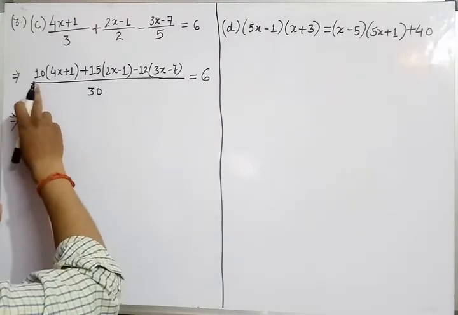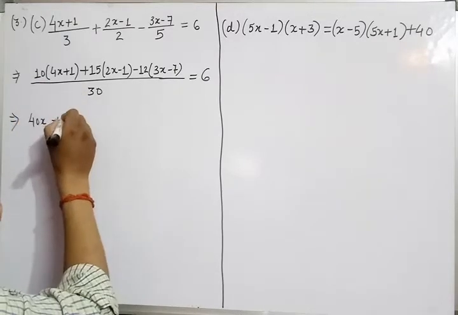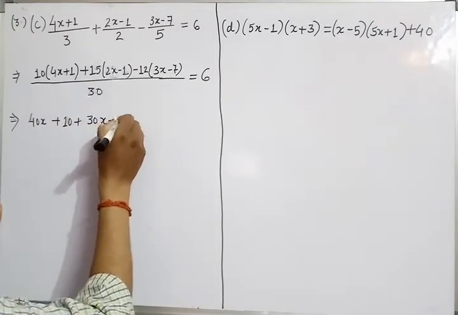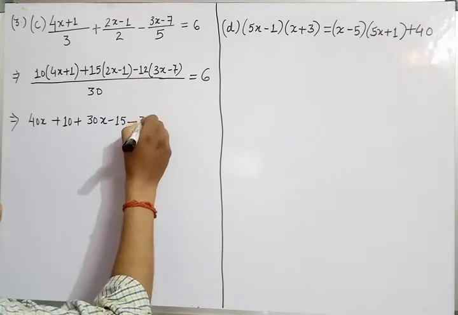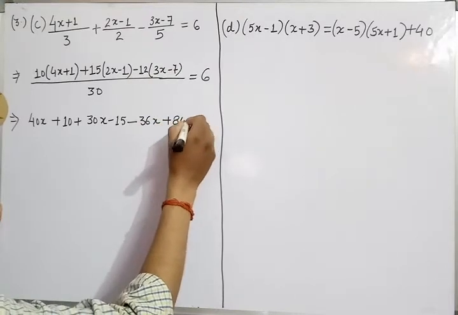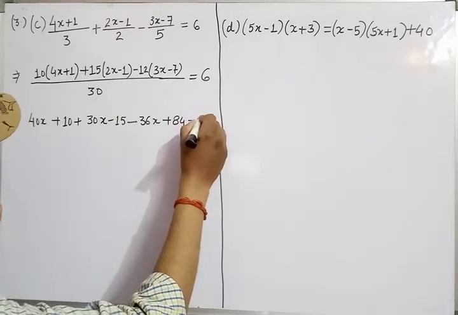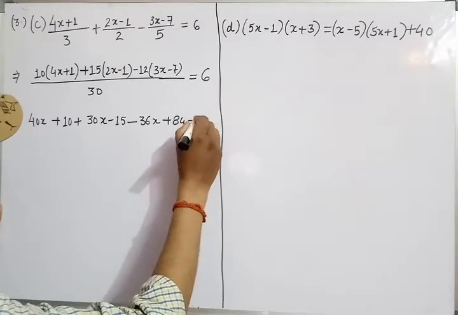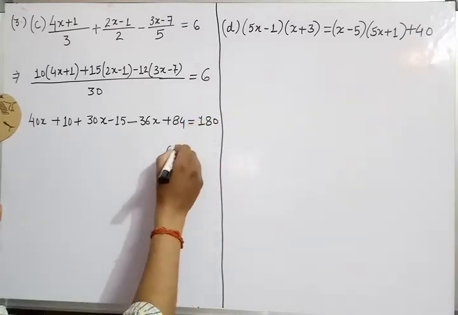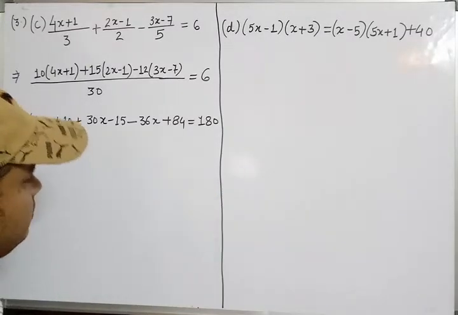Okay, so now 10 into 4 means 40x, plus 10 into 1 means 10, plus 15 into 2x means 30x, minus 15, and minus 12 times 3 is 36, and plus 12 times 7 is 84, is equal to, student, you have to multiply 6 by 30. 6 into 30 means 180, so the RHS will become 180.